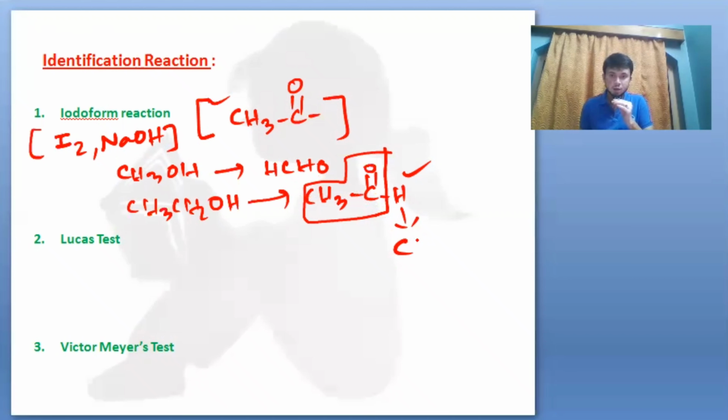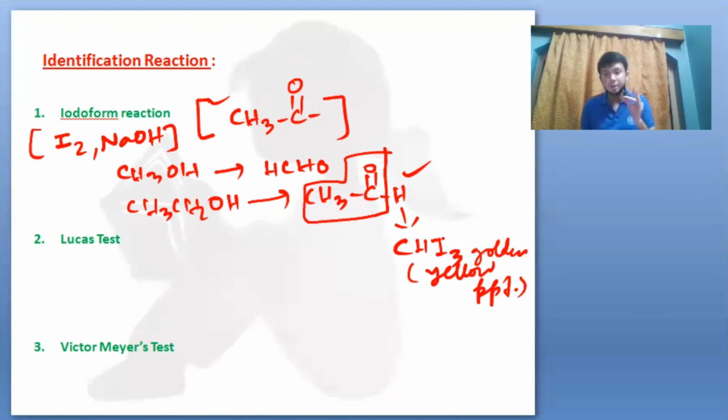It gives us CHI3, and this will form a yellow PPT, or we can specifically say golden yellow PPT.